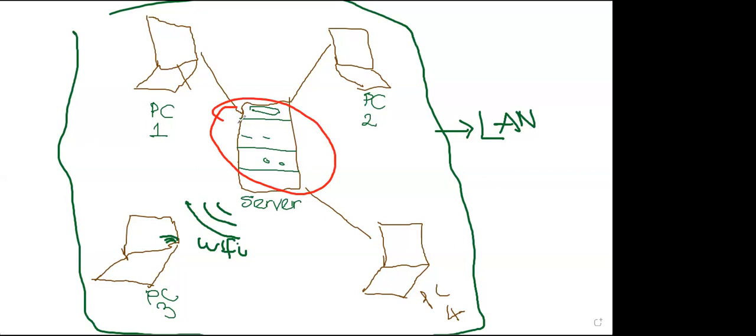Instead of bringing the Windows operating system ISO file and installing it on this computer, plugging in a USB key and installing here, removing that USB key, plugging it here, and installing it here too, what can be done is that a single file can be put inside the server.